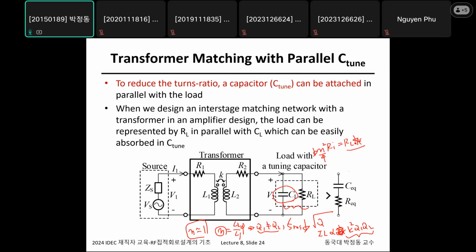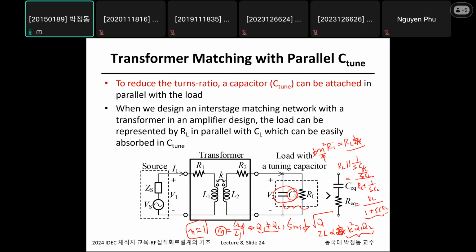How can I reduce the effective RL? Just add a capacitor. If you add a capacitor, RL is in parallel with SCL this way. So this is RL over 1 plus SC RL.